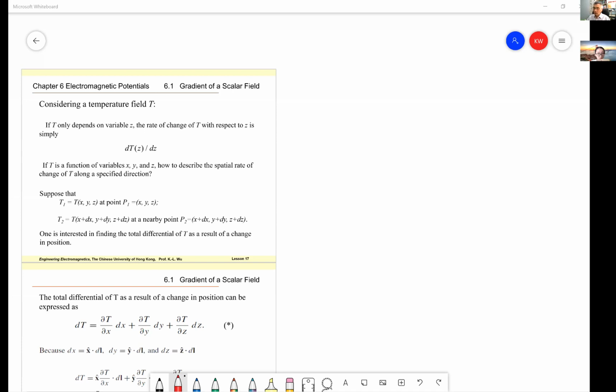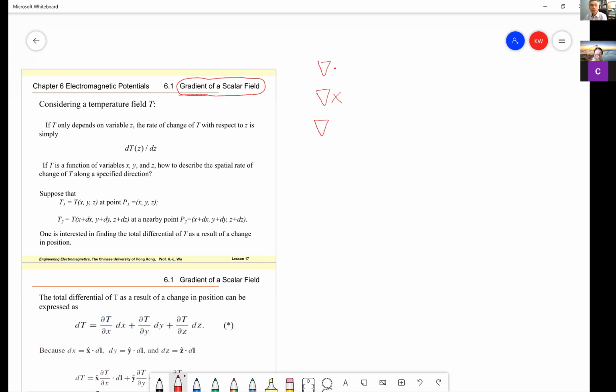Okay, first of all, let's review another vector differential operator, which is called the gradient. The gradient of a scalar field. So we studied divergence, we studied the curl. Now let's study delta.